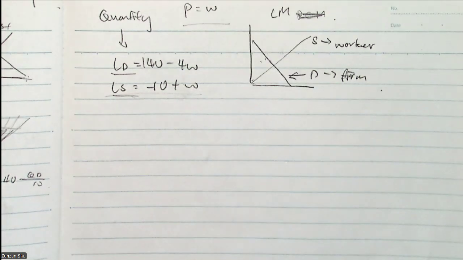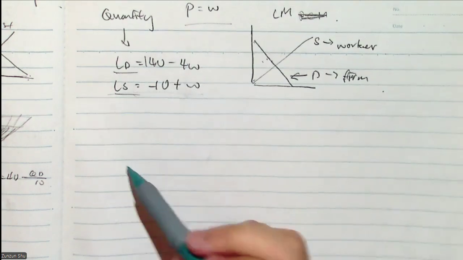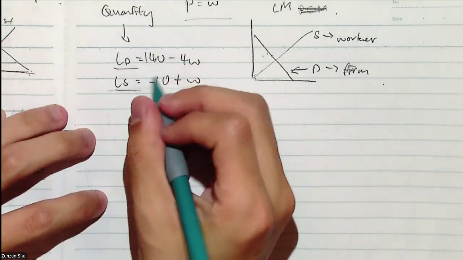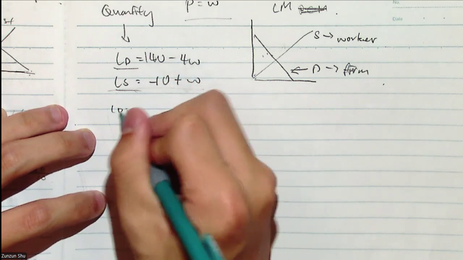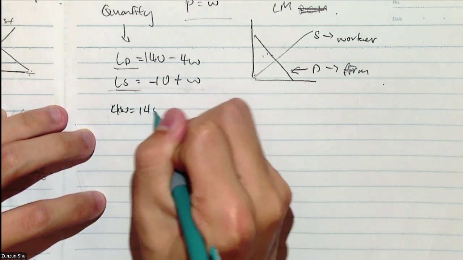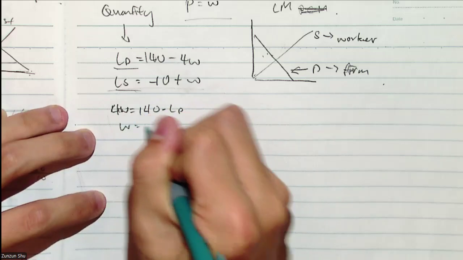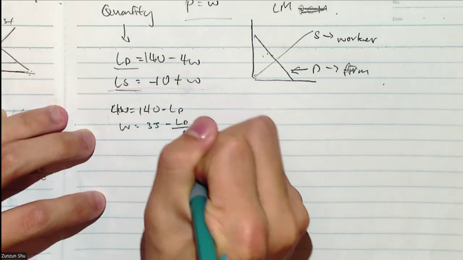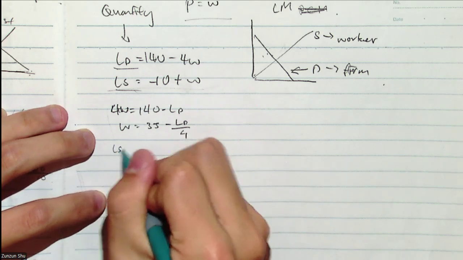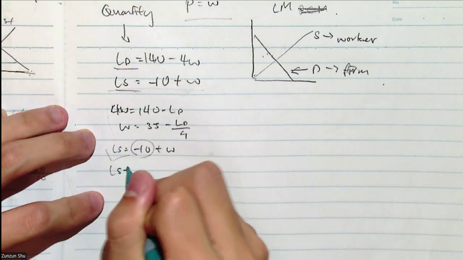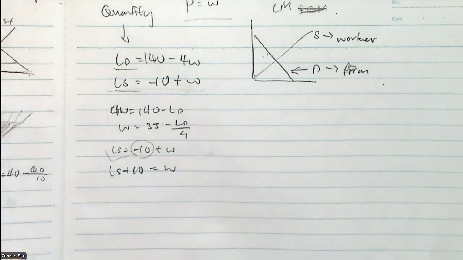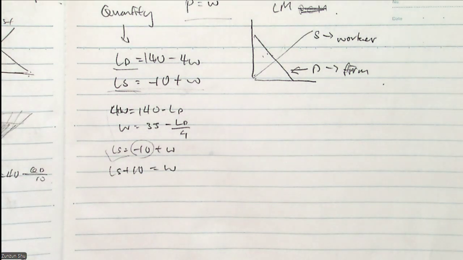So we have this, and the first thing you could do is choose to convert them. So LD equals 140 minus 4W; solving for W, W equals 35 minus LD over 4. The other one, LS equals negative 10 plus W; we move this to the other side, so W equals LS plus 10.